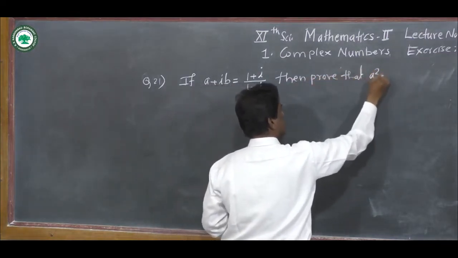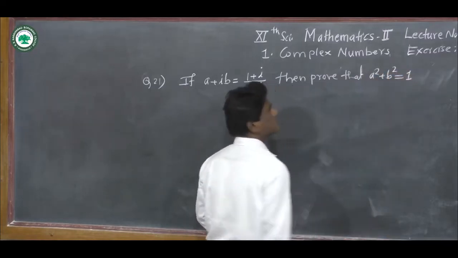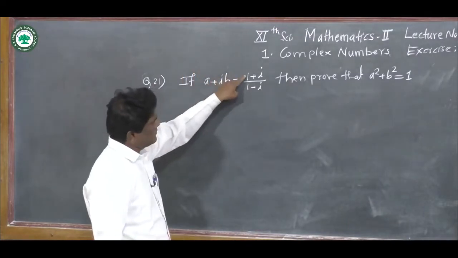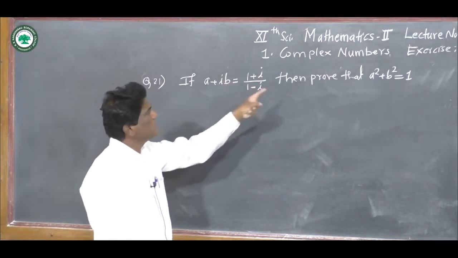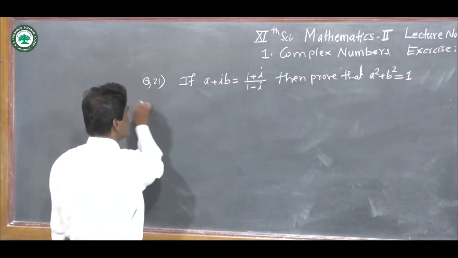Means we are given a plus ib is equal to 1 plus i divided by 1 minus i, and from this we have to show a square plus b square is equal to 1.